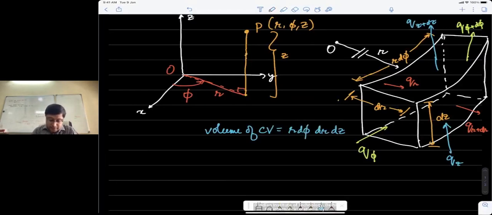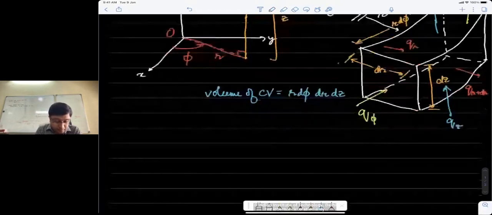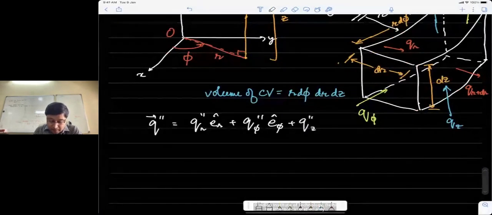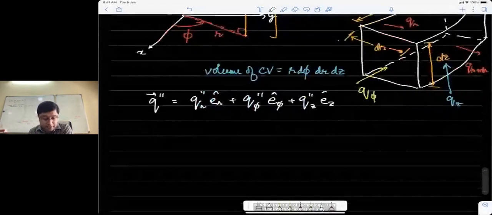And I can write the flux vector q double dash as q_r double dash e_r cap plus q_phi double dash e_phi cap plus q_z double dash e_z cap, where these e vectors are the unit vectors along each of these directions.